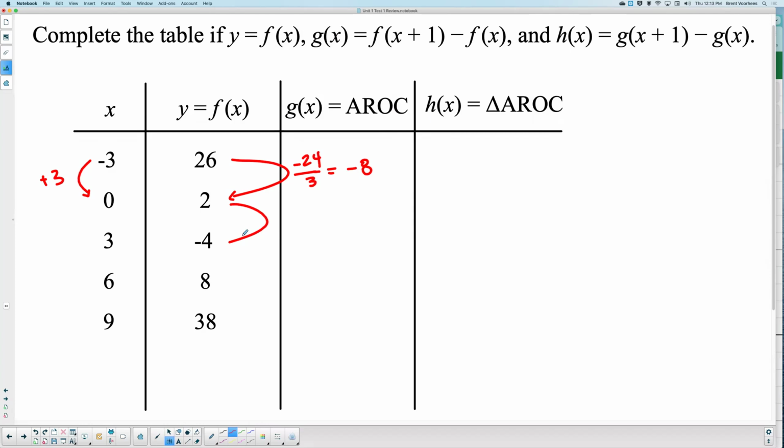Okay, next one. How about from 2 to negative 4? Minus 6. What are my x's changed by? 3. So what do we get? Negative 2. How about from 4 to 8? Plus 12. And from 3 to 6?